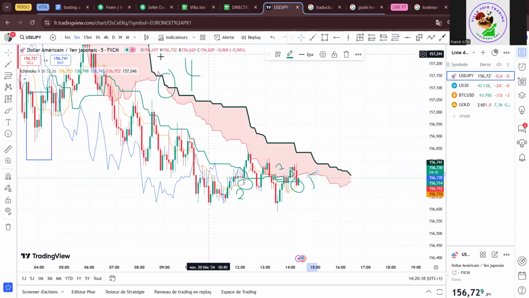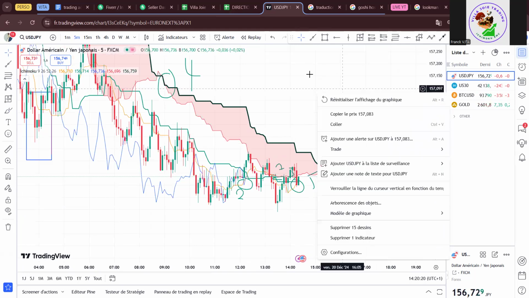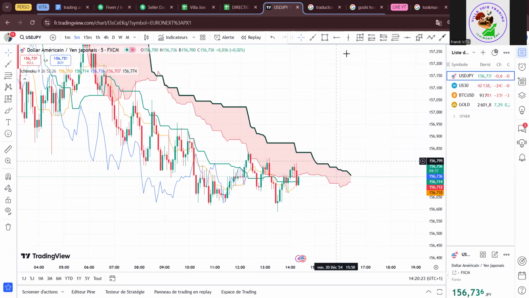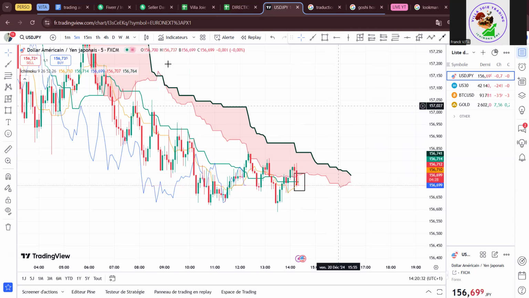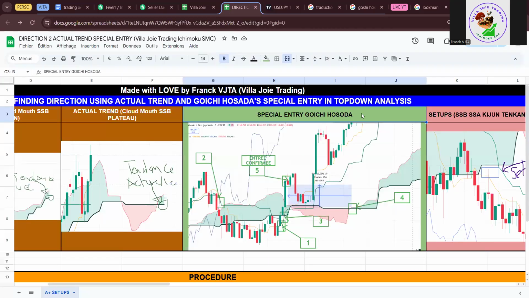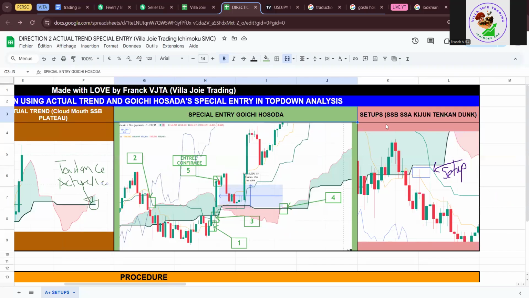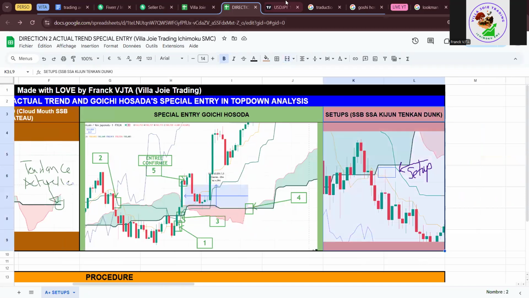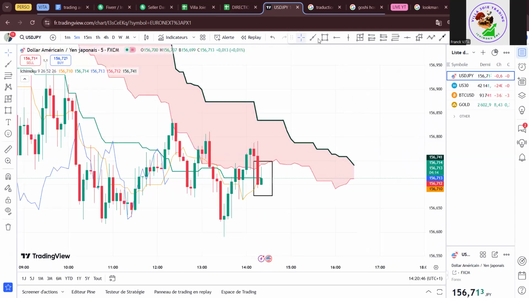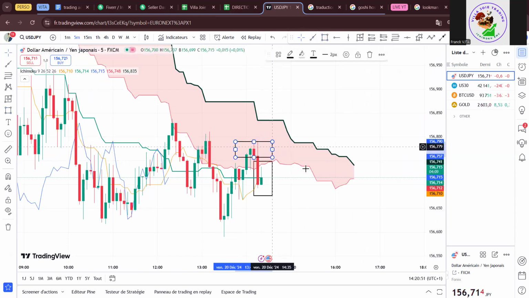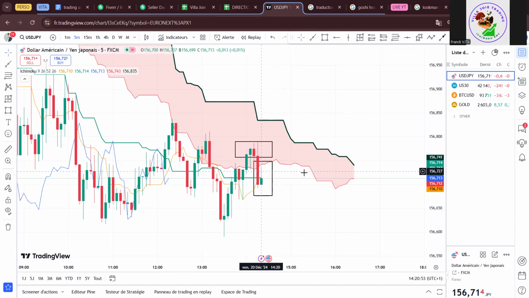Okay. After this, when we have all validated like that, we need to go and look at the setup. A setup that is ready now. The ready setup now in 5 minutes is this one, even this one with Kijun.